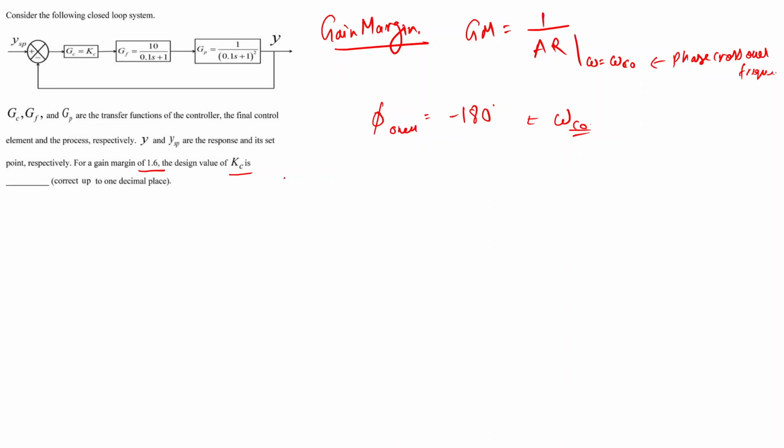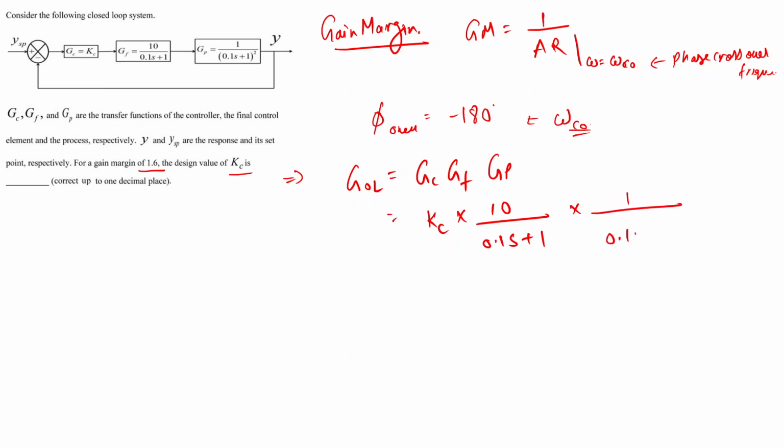So the overall phase lag of this transfer function: let's write the open loop transfer function G open loop as GC GF into GP. GC we have been given as Kc, GF, the transfer function of the final control element, is 10 upon 0.1 S plus 1, and for GP, for the process, the transfer function is 1 upon 0.1 S plus 1 whole square.